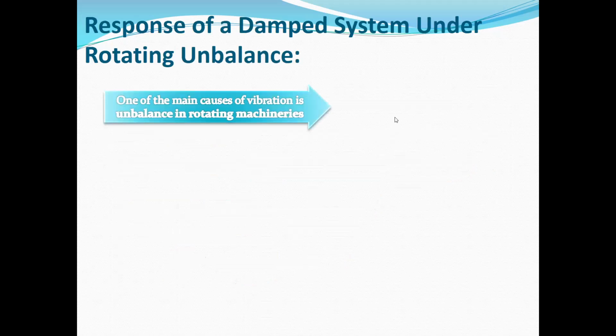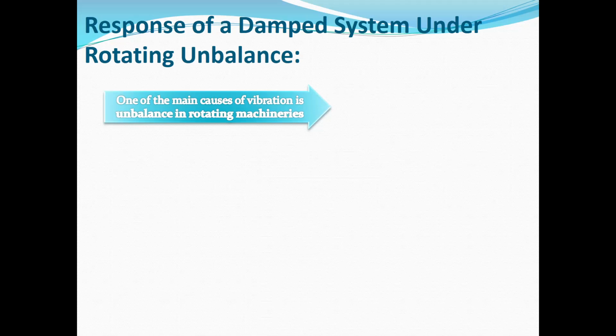The next concept in this chapter is the response of a damped system under rotating unbalance. We should note that one of the most important reasons of vibration in machines, especially when we deal with a machine with rotating parts like electrical motors, or in a car, for example the tire of a car, and in the engine, in the crankshaft, in the gearbox, in the shafts of the gearbox.